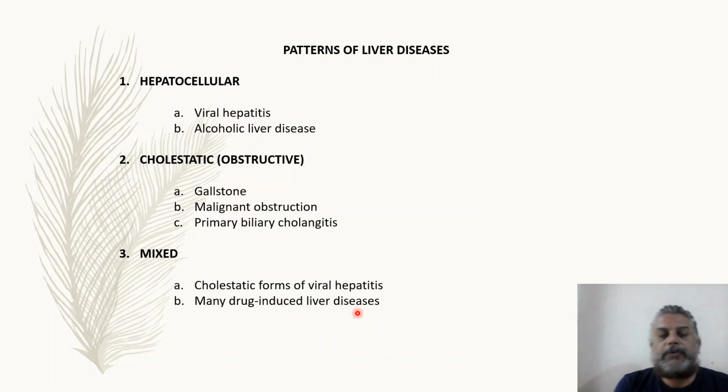So if we go by the pattern of liver disease, it is usually divided into three: primary hepatocellular, that is viral hepatitis or alcoholic liver disease; cholestatic, that is obstructive, that is gallstone, malignant obstruction or primary biliary cholangitis; and a mixed variety, in which cholestatic forms of viral disease and many drug-induced liver diseases are included.